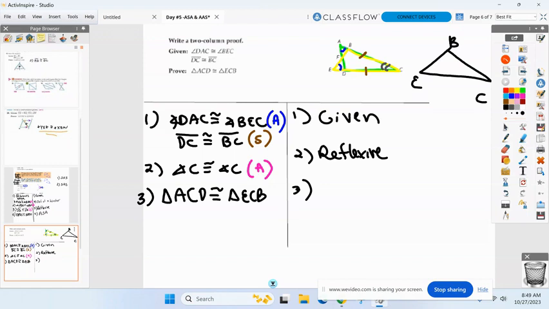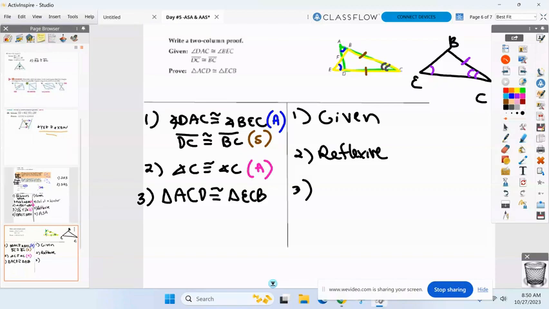What did we mark? Name angles or sides that we've marked. Angle E is marked. What else is marked on this diagram? BC, the side, is marked, and there's one more that's marked. Angle C. Let's make this easier now.